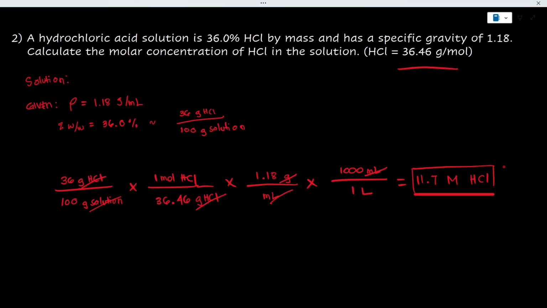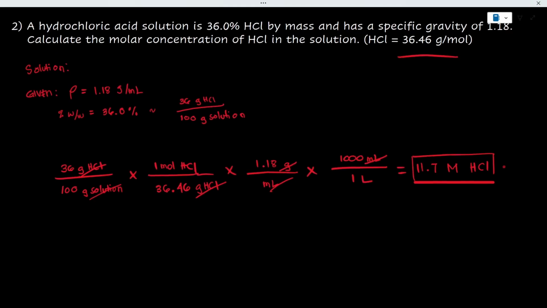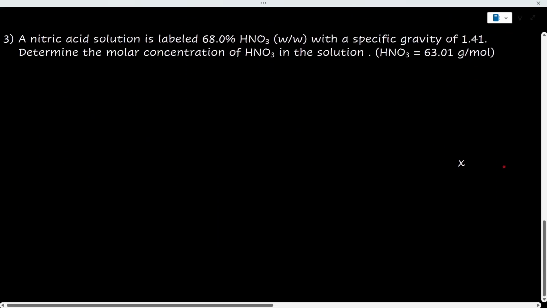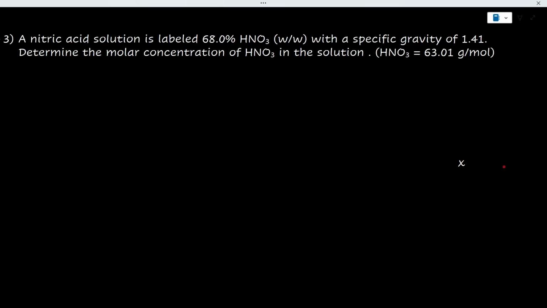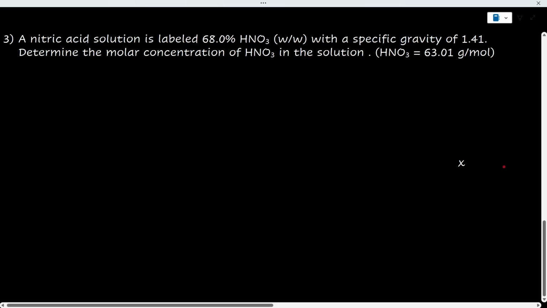Okay, so that's easy, right? Once you understand how you can arrange the units through dimensional analysis. Okay, so for the last question, number 3, a nitric acid solution is labeled 68% nitric acid weight per weight with a specific gravity of 1.421. Determine the molar concentration of nitric acid in the solution with the given molar mass 63.01.